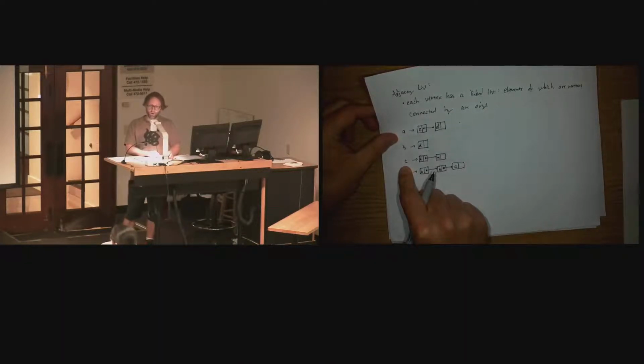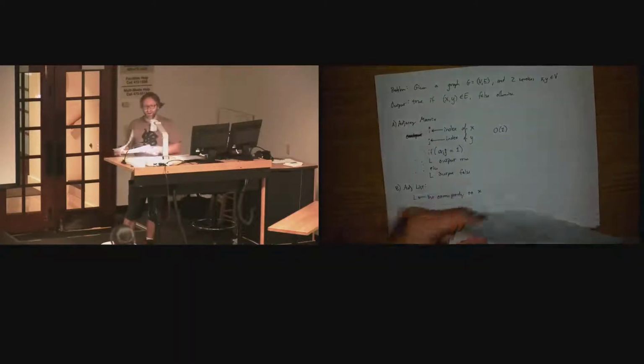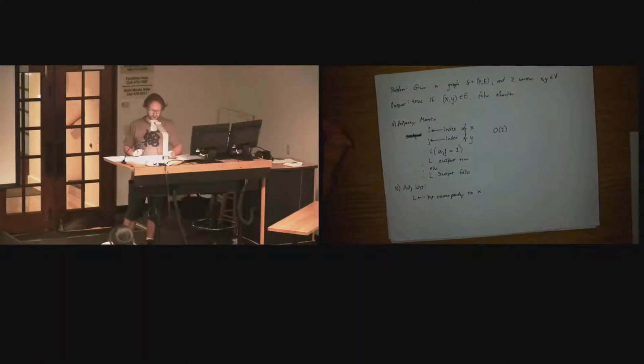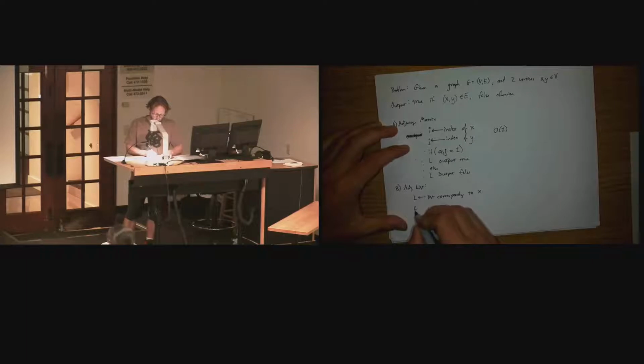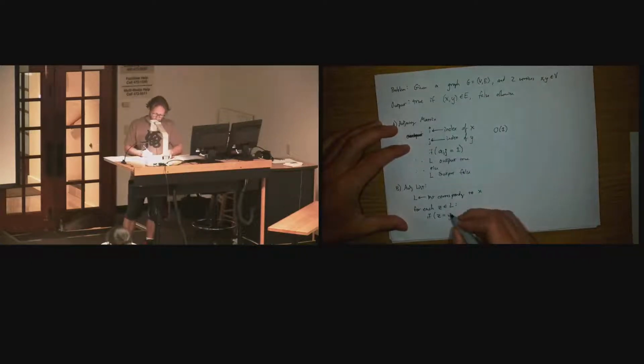What would you have to do? You'd have to go, is that B? Nope. Is that B? Nope. I'm at the end of the list. So I would have to do a linear search on its adjacency list for each, we'll call it Z in L. If Z is equal to the thing that we're looking for, Y here, then output true.